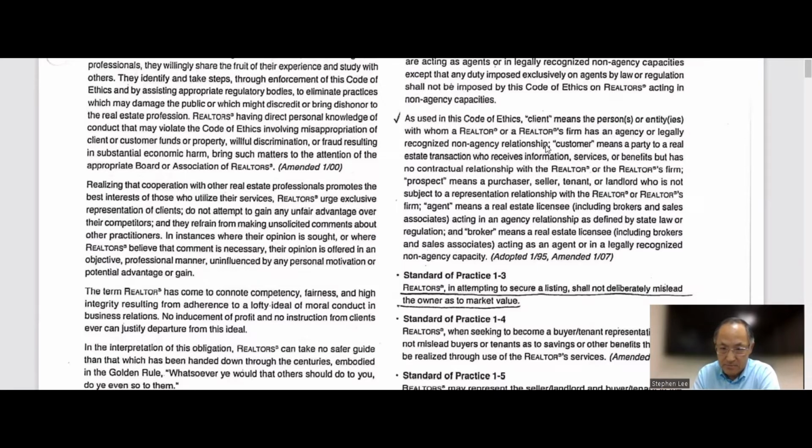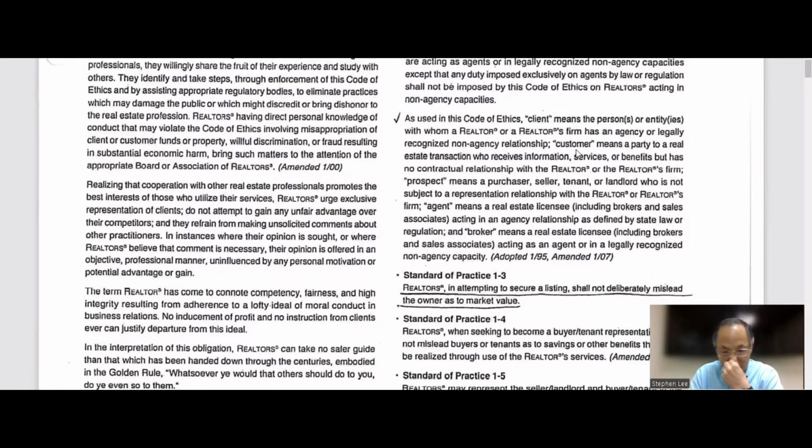That's client. So once you have an agency relationship with somebody, that somebody is your client. And also a legally recognized non-agency relationship. As I mentioned, maybe you can engage with someone with a marketing agreement or consulting agreement, etc. Whatever legal paper that you signed with someone can also make them a client.